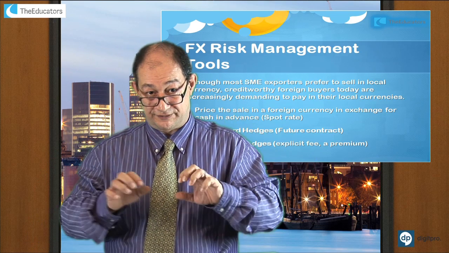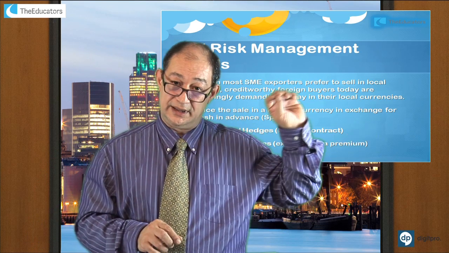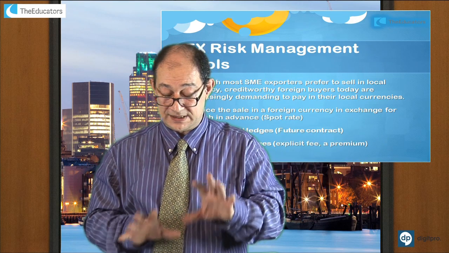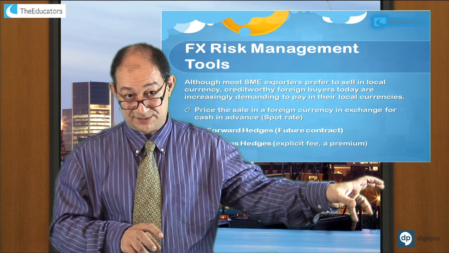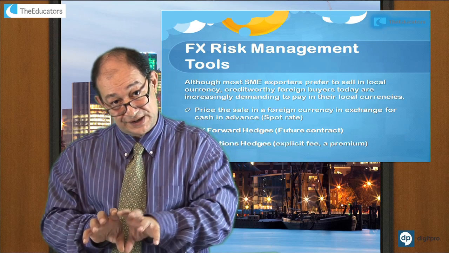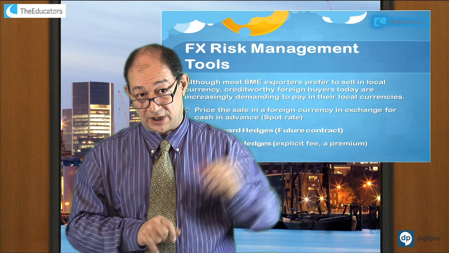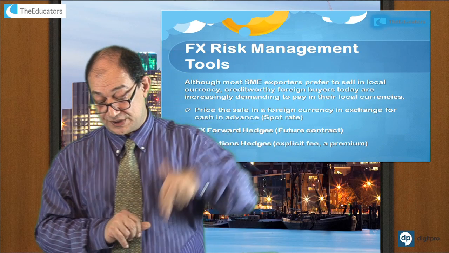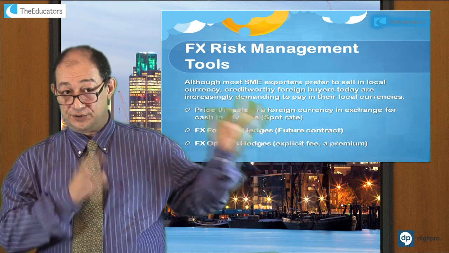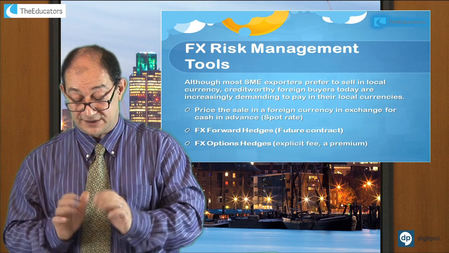Give me an exchange rate fixed today, delivery in 6 months' time. That means the actual contract would happen in 6 months' time, but I want to fix the exchange rate today. So you are buying a forward contract, dollar to sterling, because you're going to be paid in dollars. You want to convert it to sterling at a fixed rate.